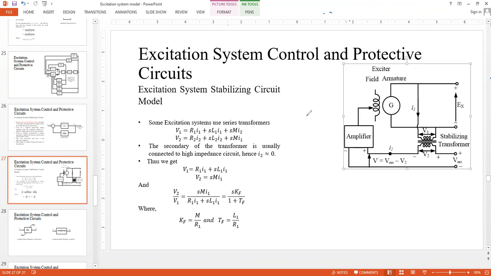So now the next question is, what would happen if V error is some positive value, let's say. That means you have V reference and VT unequal. Your terminal voltage is now something different than the reference set point. So V reference is not equal to VT, which means your V error is non-zero.